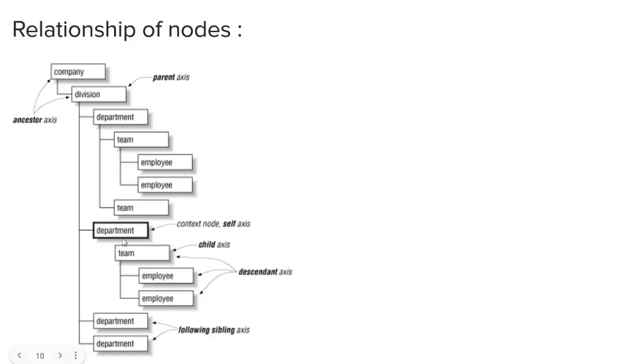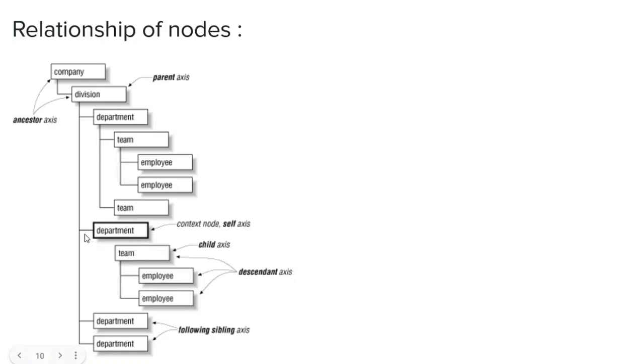That means they become descendant nodes for this department, right? We have seen the example: children of child, including child, are all descendant nodes of department. So if I use the descendant relationship with the context of this self node, then this team, employee and employee, these three are descendant nodes for this department.